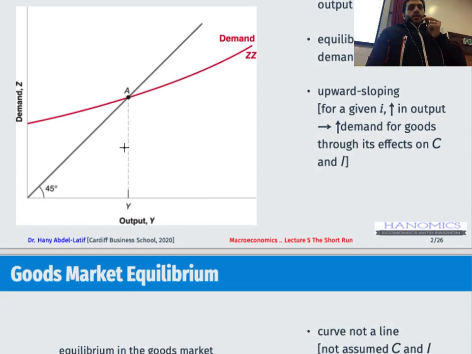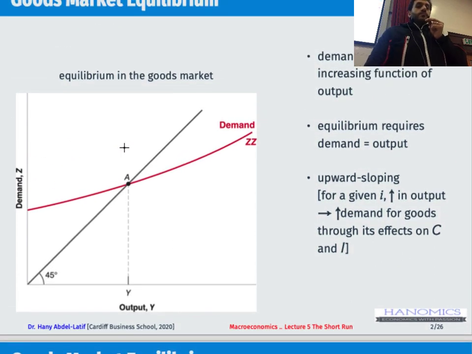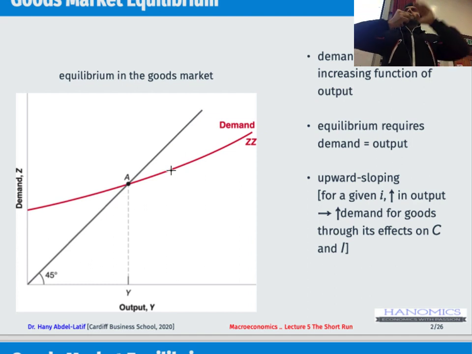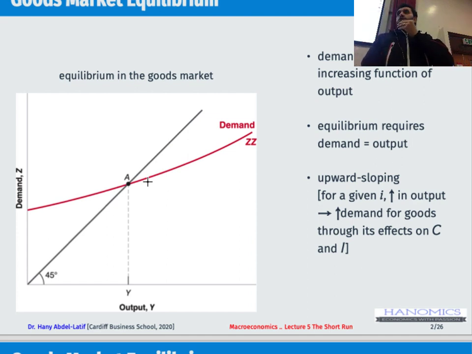In this model, the interest rate affects this equilibrium through its effect on investment, which is one of the components of aggregate demand, the red line here. If the interest rate increased, there's a negative relationship between interest rate and investment, so investment will be less. That means this red curve will shift downward.